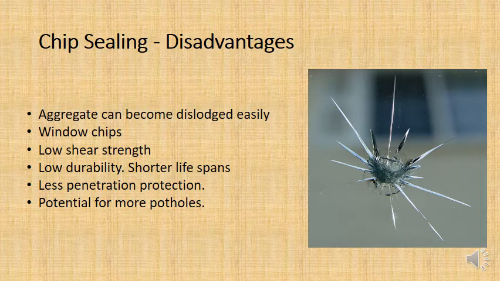So generally, chip sealing has a shorter lifespan than asphalt, and it all depends on how often the road is used, but normally you need to redo the chip seal almost twice as often as asphalt. It's maybe got half the lifespan. That's a generalization, but that's kind of the case. So there are some disadvantages with chip sealing.